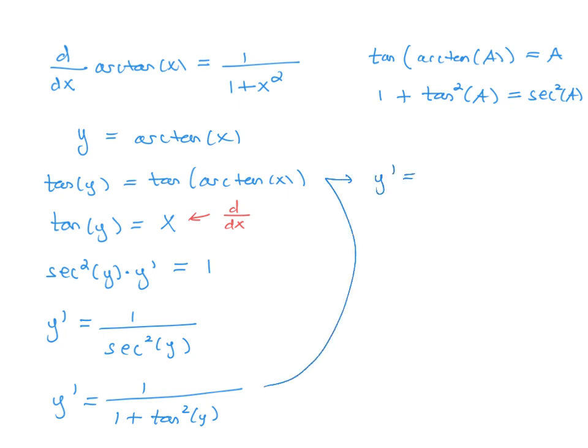Y prime is equal to 1 divided by 1 plus, and what this really is, tangent of arctangent of x, squared. As we've noted, tangent composed with arctangent leaves us with just, in this case, x. So I get 1 over 1 plus x squared, and this is where the formula for the derivative comes from. You can use a similar idea to prove the one for arcsine as well, but I'll leave it at that for this problem.